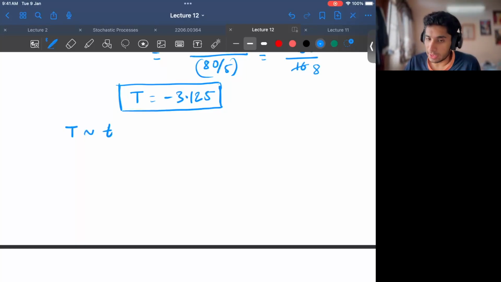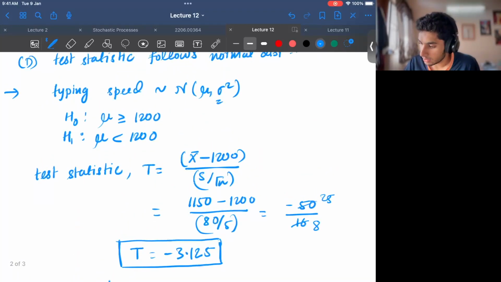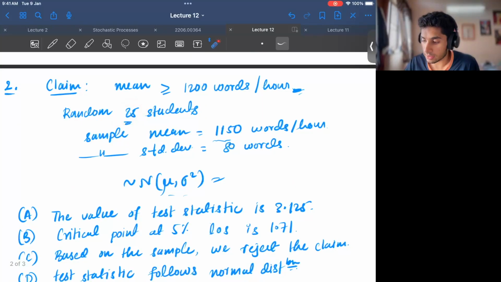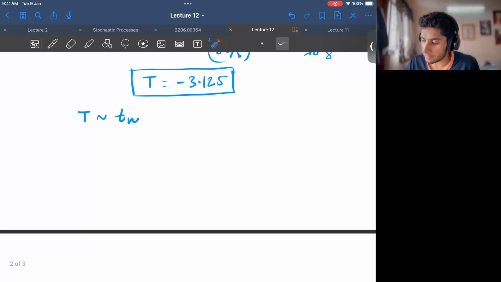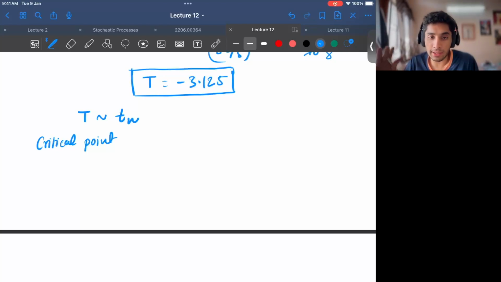With how many degrees of freedom? With n degrees of freedom, where n is your number of samples. So it has 25 samples, so the test statistic will follow a t distribution with 25 degrees of freedom. For this reason, what will be the critical point now? It won't be calculated using the standard normal distribution.